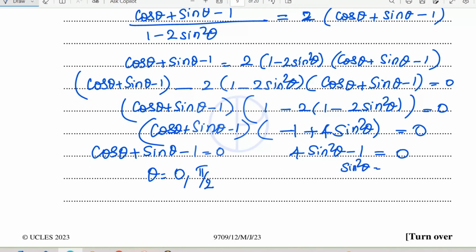Sine square theta is equal to 1 over 4. Or we can say sine theta is equal to plus or minus 1 over 2. So theta is equal to sine inverse of plus or minus 1 over 2. So theta is equal to pi over 6.